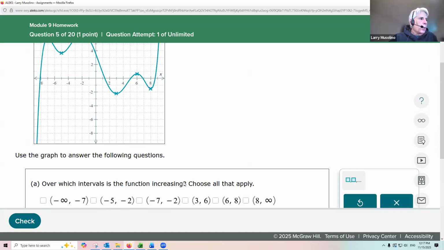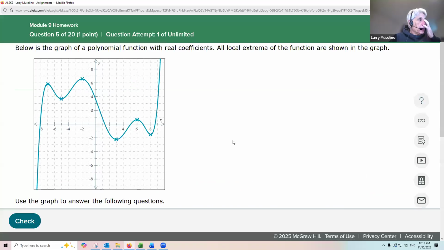It says, on which intervals is the graph increasing? So let me look at this graph. Well, increasing means the graph is going uphill. So let me look at different parts of this graph and ask myself, where is the graph going uphill? Well, over here, yes, the graph is going uphill.